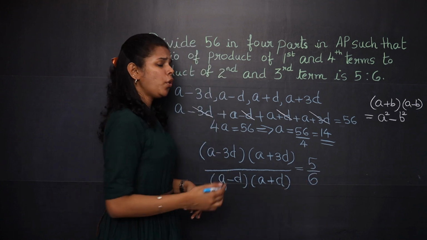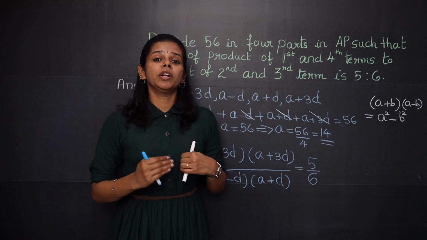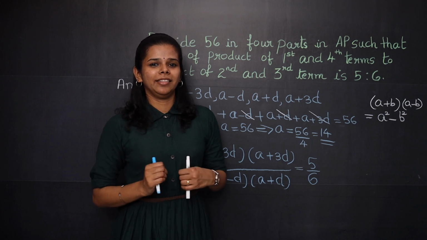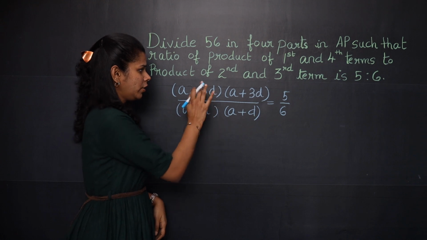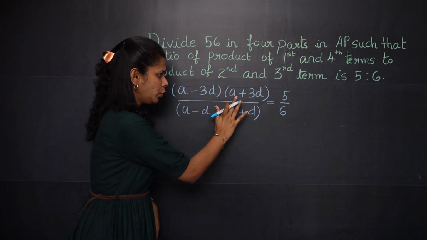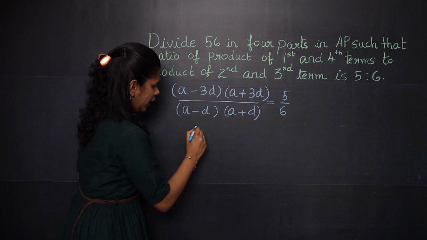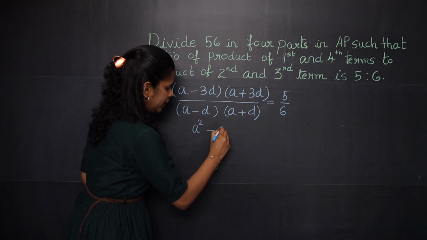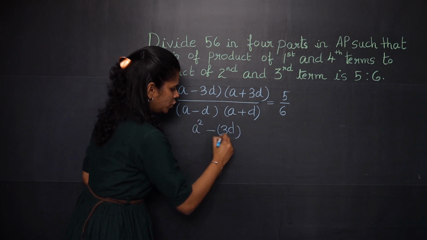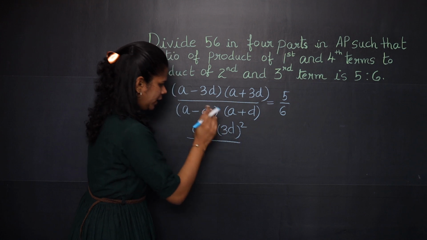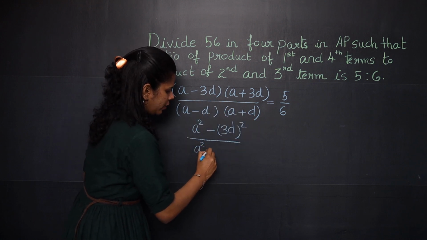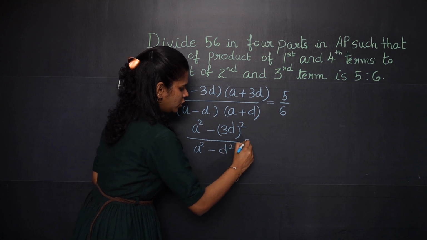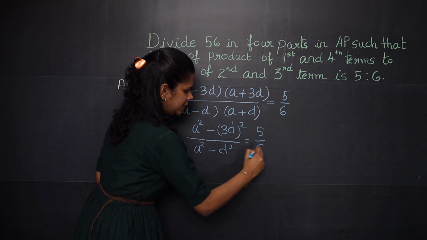So after you apply the identity, you will cross multiply and get the value of d. So let's do it. So (a - 3d) into (a + 3d) will give you a square minus (3d) whole square, divided by (a - d) into (a + d) will give you a square minus d square, which is equal to 5 by 6.